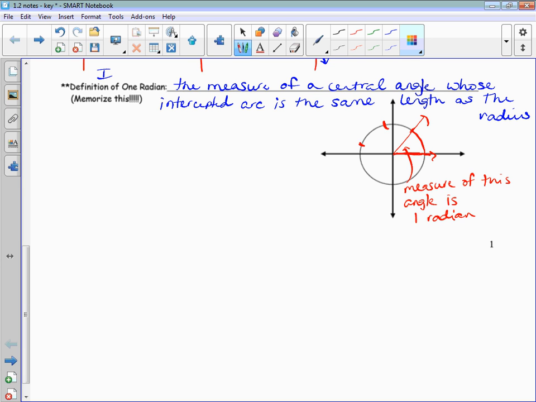Do you guys know a number that's 3 and a little? Pi. Hello. So going halfway around the circle is the same as pi radians. Okay. So 180 degrees, which is halfway around, is the same as pi radians.